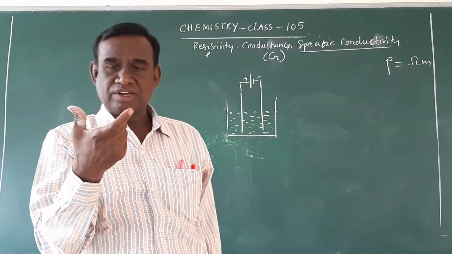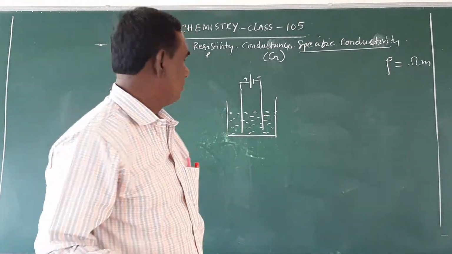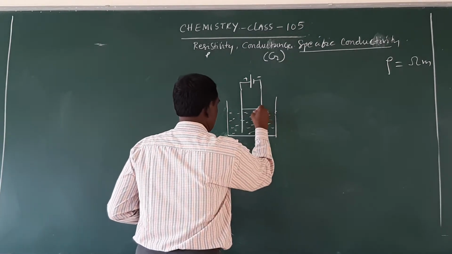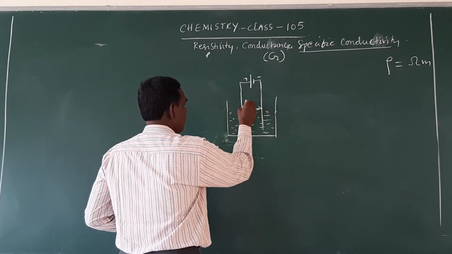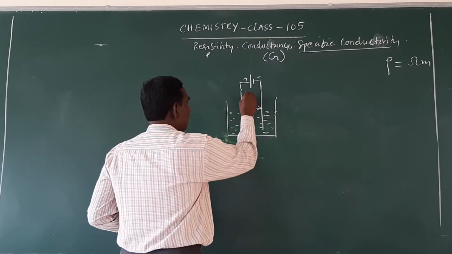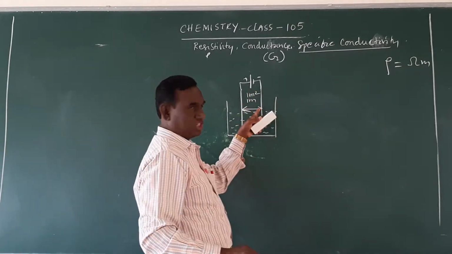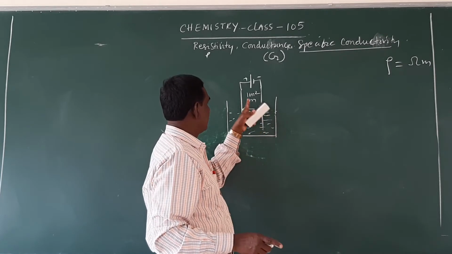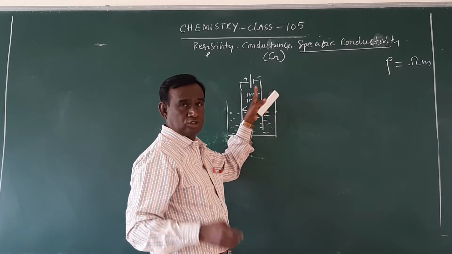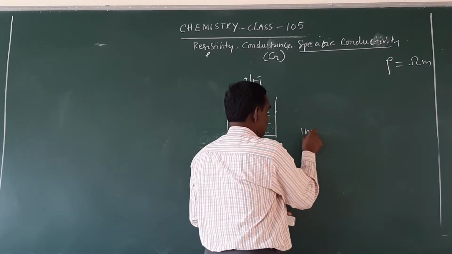Specific conductivity is the conductivity produced in between two electrodes separated by a distance of 1 meter, with area of cross section 1 meter square. So the length is 1 meter and area of cross section is 1 meter square, which makes a total of 1 meter cube of the solution.